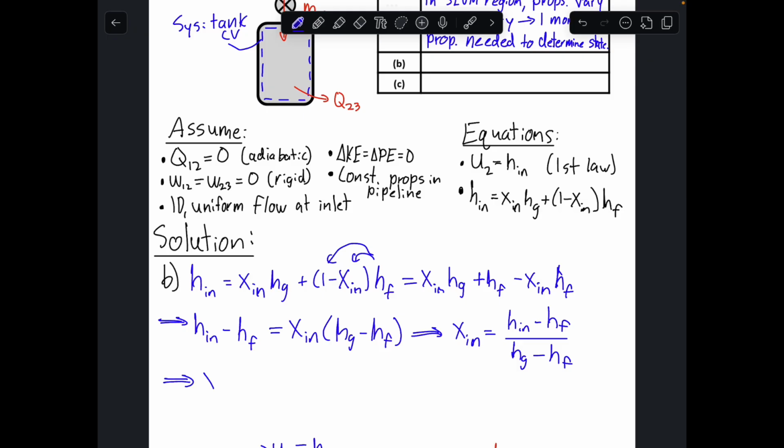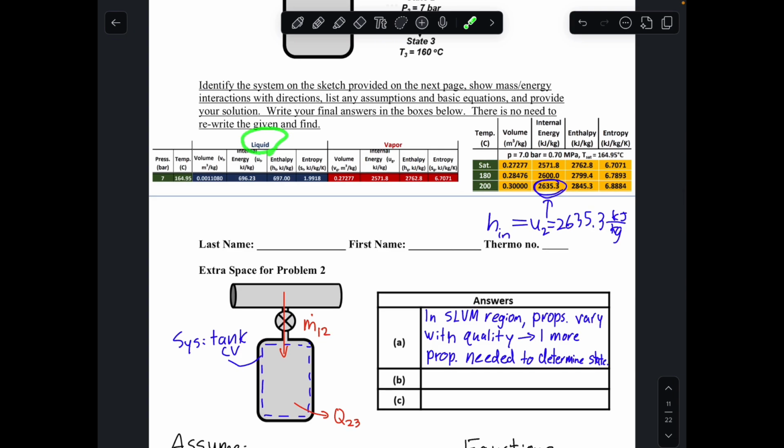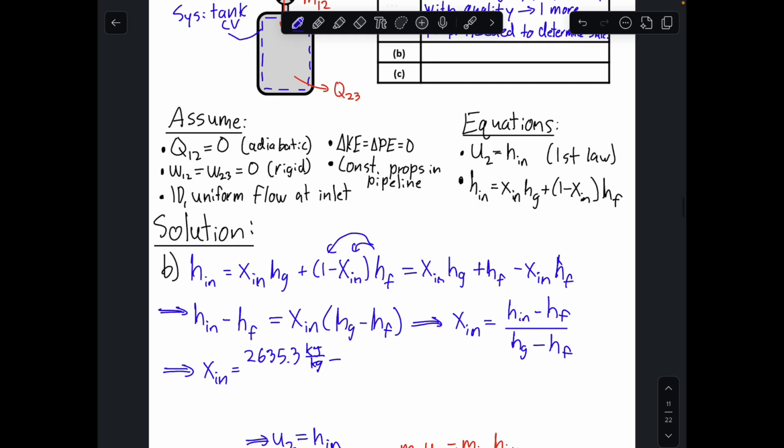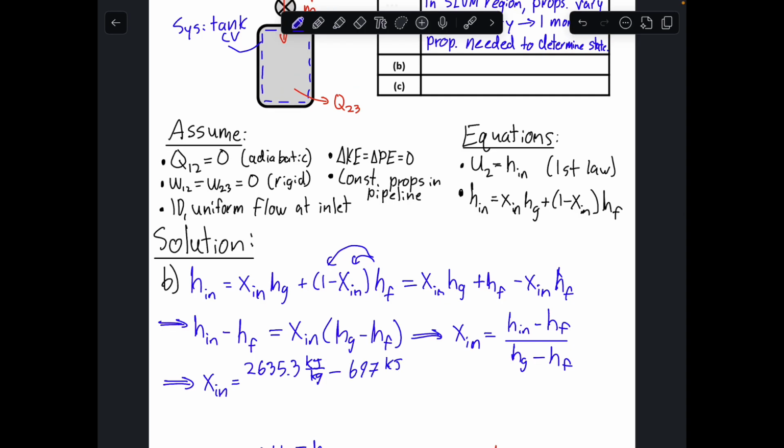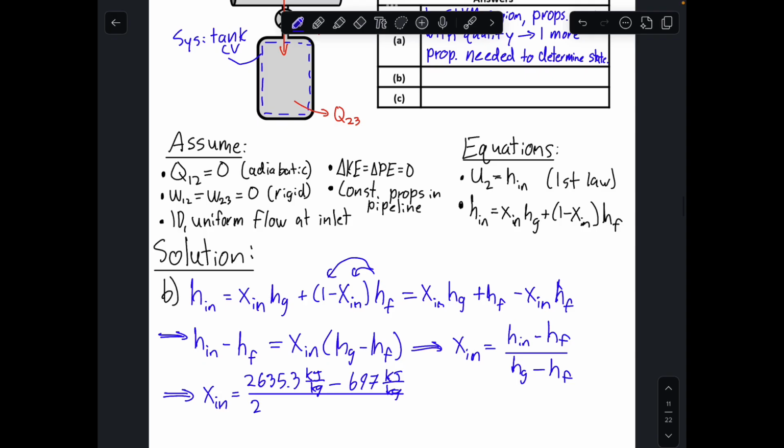So if we plug things in, we will get X in should be equal to our H in value, which was the one that we found up here, 2635.3 kilojoules per kilogram, minus our Hf value, which comes from the fluid or the liquid side of enthalpy, which is 697 kilojoules per kilogram, all divided by our Hg, which comes from the other side of the table right here, 2762.8 kilojoules per kilogram, minus again our Hf, which is the same in the numerator here, 697 kilojoules per kilogram.